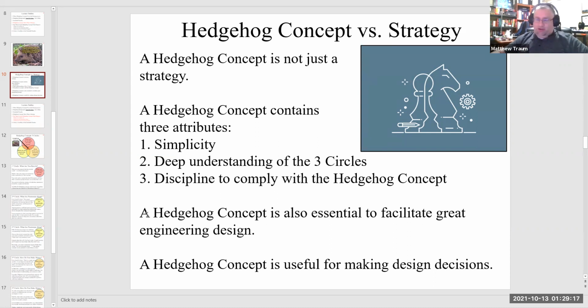I've already mentioned this, but a hedgehog concept is also essential to facilitating great engineering design. And most importantly for us, as we leave the concept design report and move into the preliminary design report, a hedgehog concept is useful for making design decisions. You might wonder why I'm talking about this now.